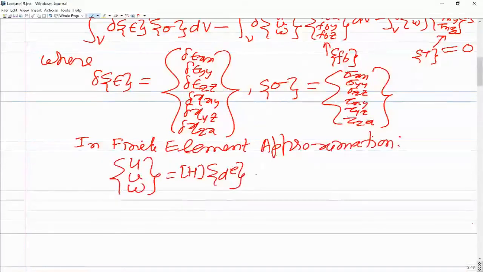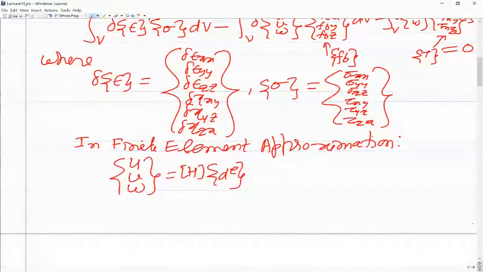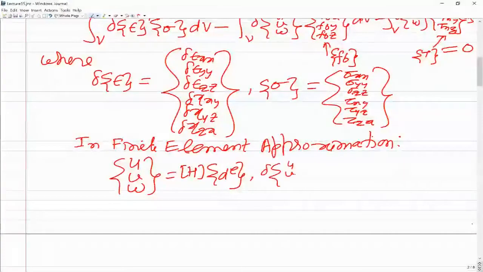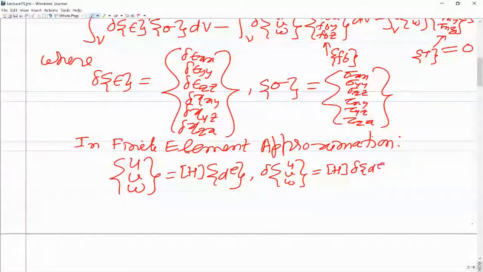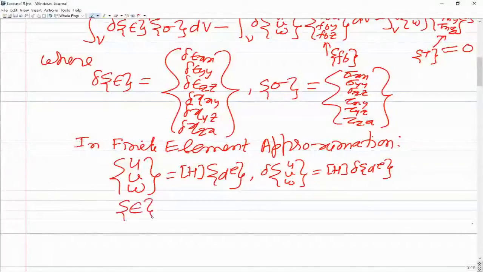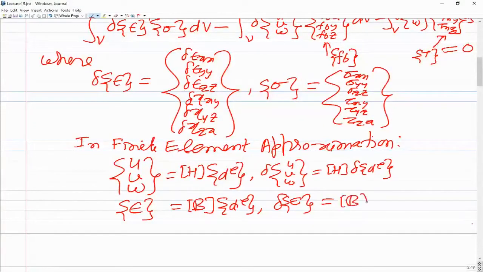So this is the displacement. Its variation, delta of UVW, will be equal to H, a known interpolation function, times delta of d, the unknown vector of elemental degrees of freedom. And then epsilon is given in terms of the strain displacement matrix B into dE, and then delta of epsilon will be equal to B into delta of dE.